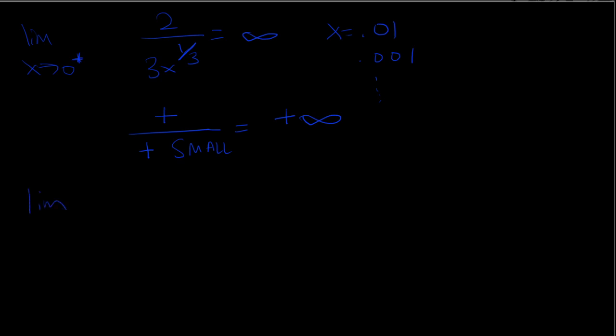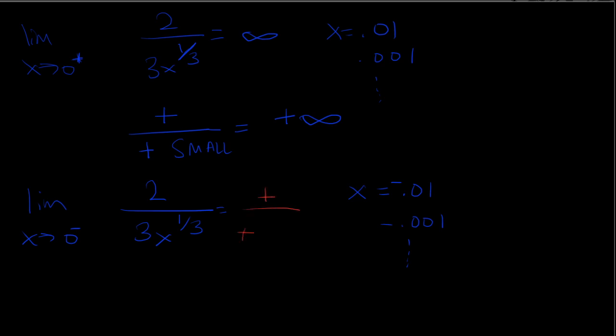Next, if I were to look at what happens to this limit as x approaches 0 from the left, I would pick a number very close to 0 from the left, so it could be like negative 0.01 or negative 0.001, etc. What happens is I have a positive number at the top.